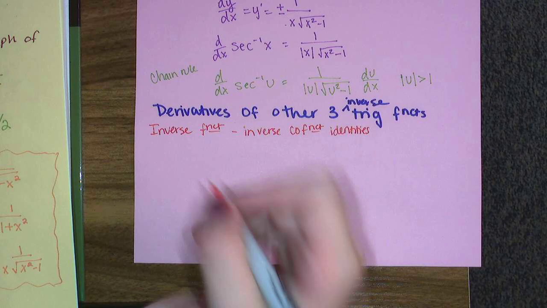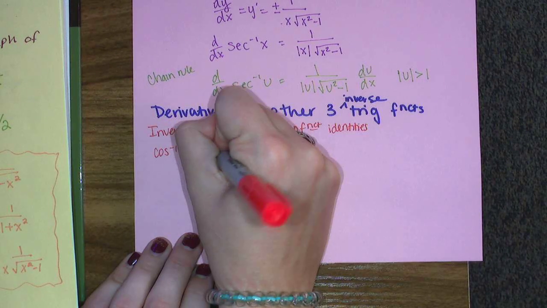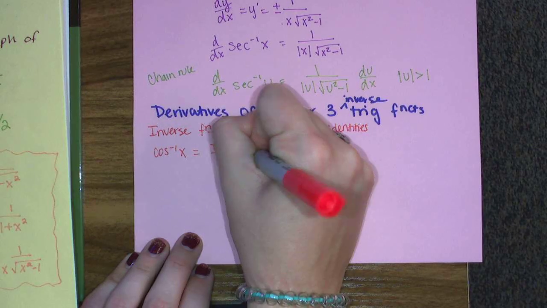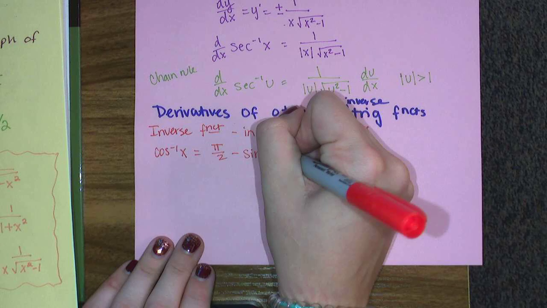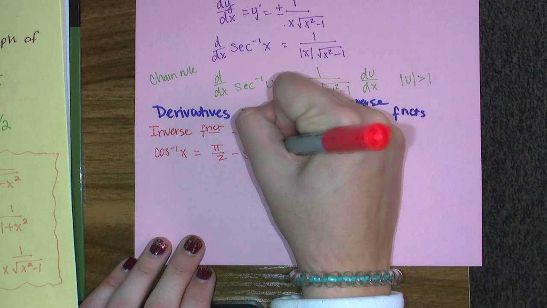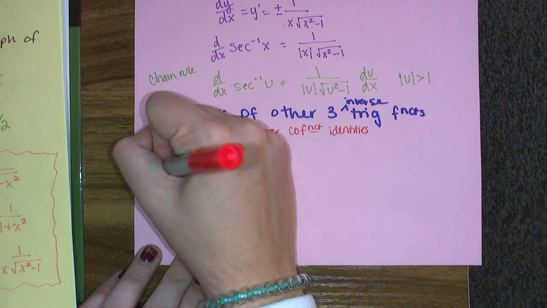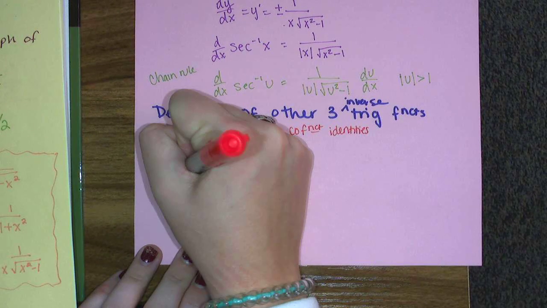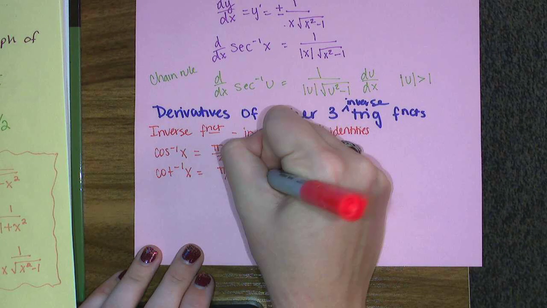So the arc cosine of x is pi over 2 minus the arc sine of x. The arc cotangent of x is pi over 2 minus the arc tangent of x.